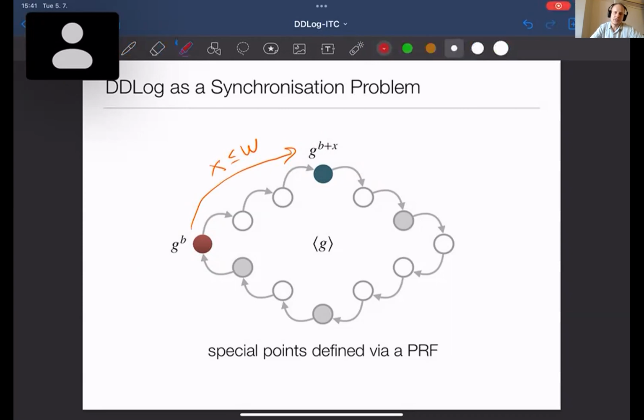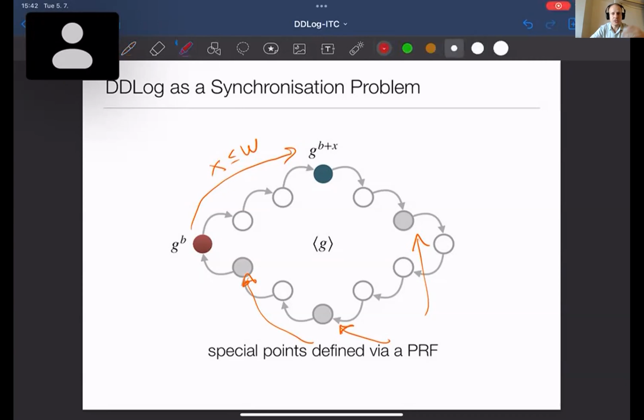Let's say that the parties, Alice and Bob, agree on some special points in this group using a PRF. So they use a PRF in order to select some distinguished points, these gray points in the group. And given their inputs, they just do the following.